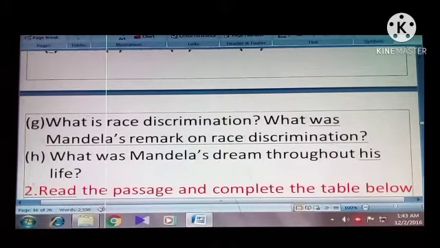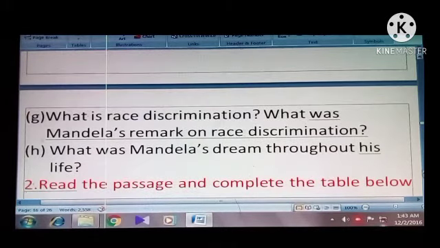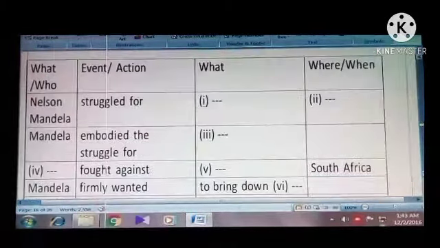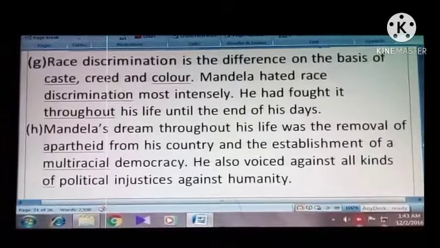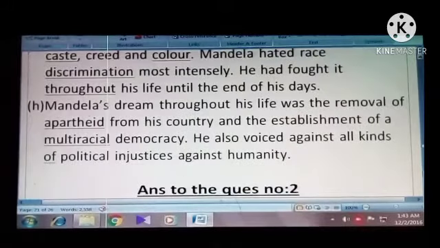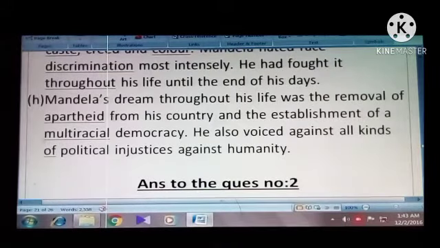In answer we can write down, Mandela's dream throughout his life was the removal of apartheid from his country and the establishment of a multiracial democratic country. He also voiced against all kinds of political injustice against humanity.